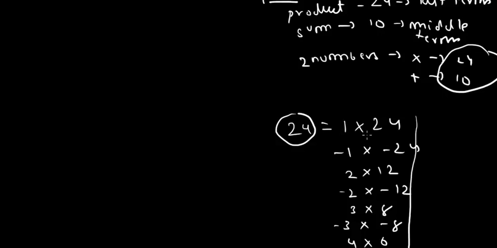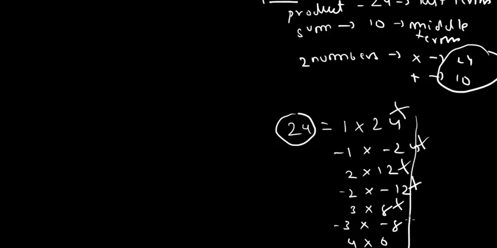1 plus 24 is not 10, it is 25. So this number goes out. Minus 1 minus 24 will give us minus 25. So this is not an option. 2 plus 12 would give us 14, not 10. Minus 2 minus 12 would give us minus 14. So we do not have this option. 3 plus 8 would give us 11. So not this one.